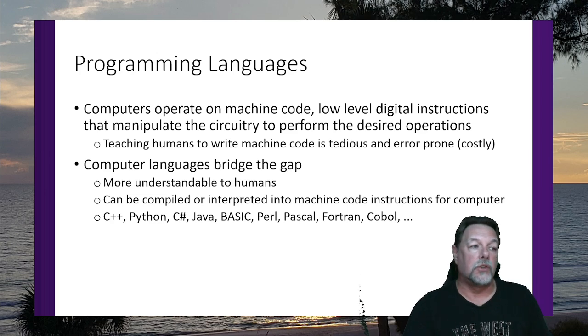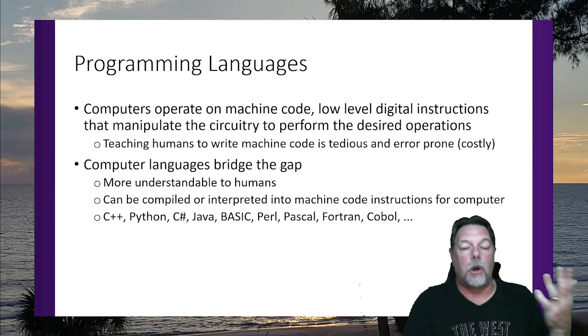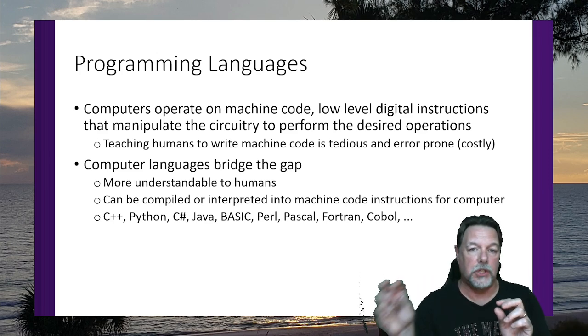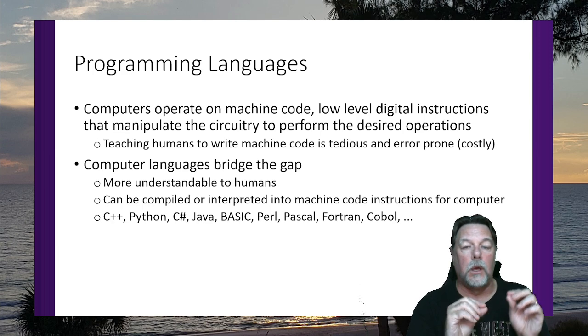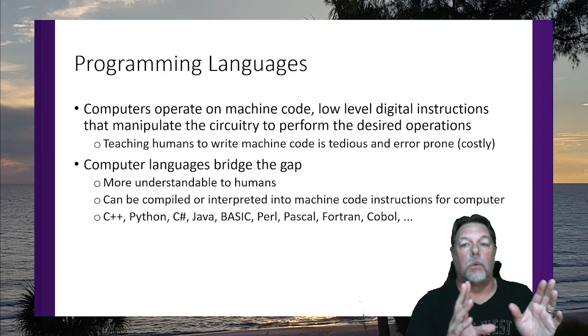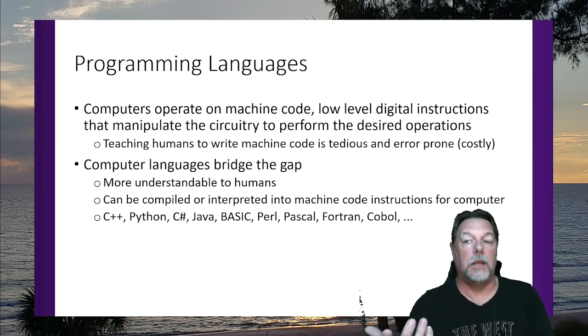C# and Java are in-between languages. They came up with a hybrid at some point where, in a C# or a Java class, you start with the source code, you write your source code, it's just a text file again, and then you compile it, but you don't directly get machine language code out of it. When you compile a Java or a C# program, you get what we call bytecode or intermediate language.